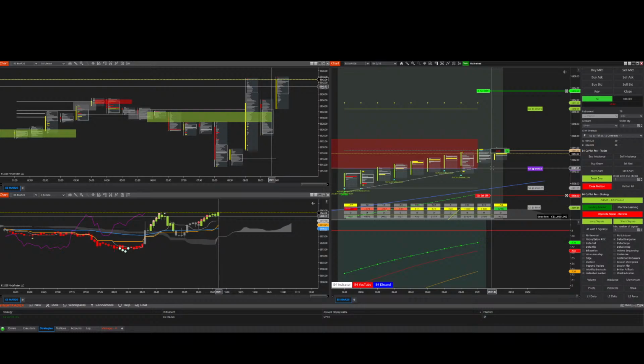Notice how it paused for so long and then it broke fast. That's what we were looking for. But I was already in a position, I wasn't going to add to it. We're at the top of the move.